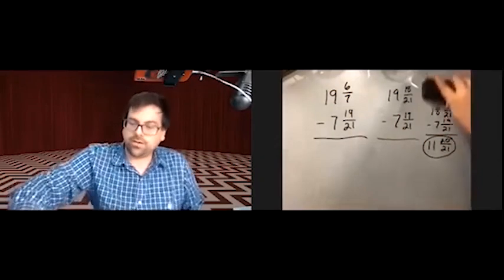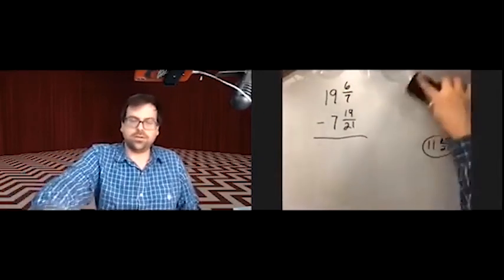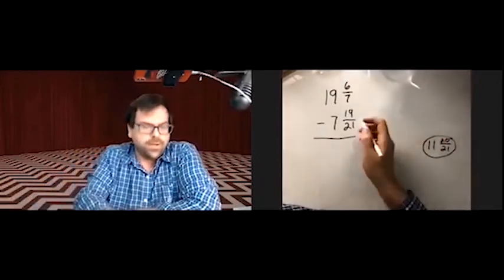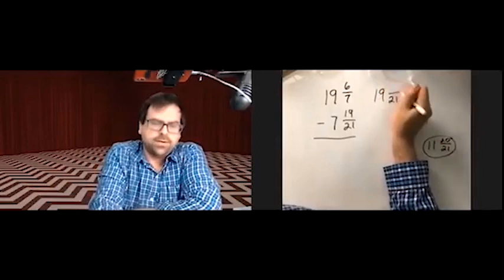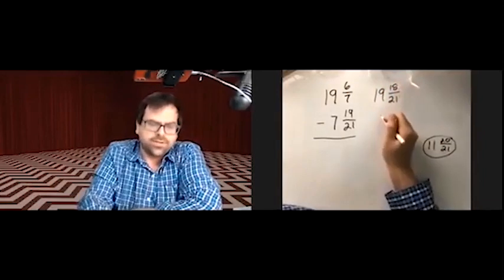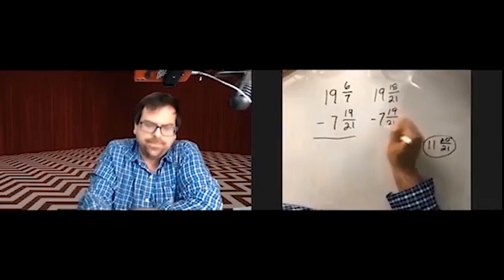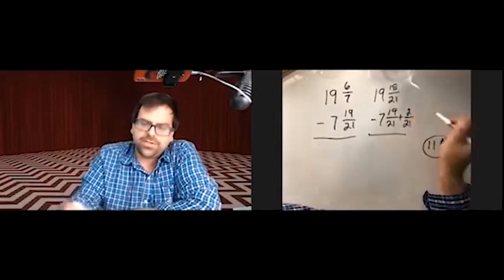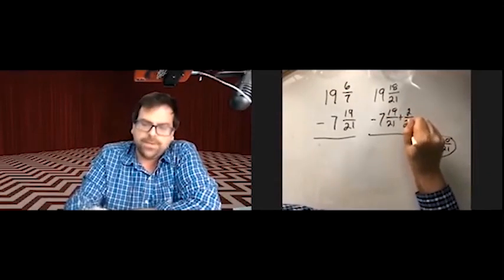What about our trick, our subtracting a whole number trick? Well, let's go ahead and keep the common denominator. That was 18/21 on top, no change on the bottom. We would have to add 2/21 to turn this into the whole number, 21/21.